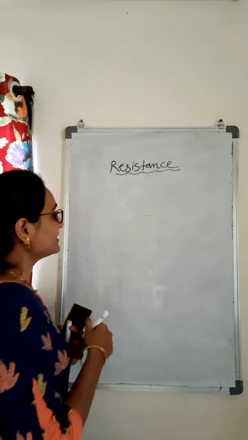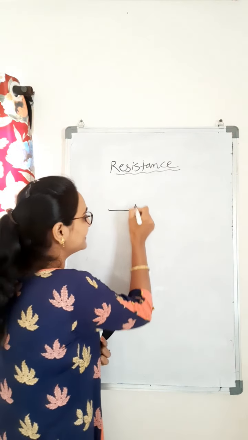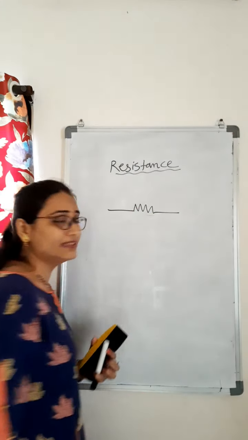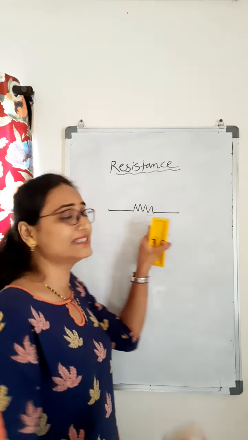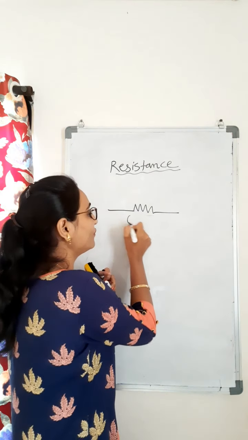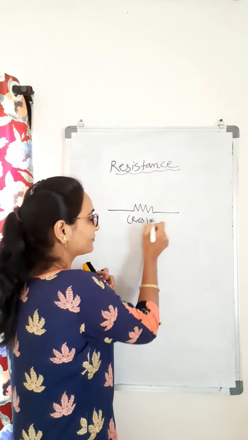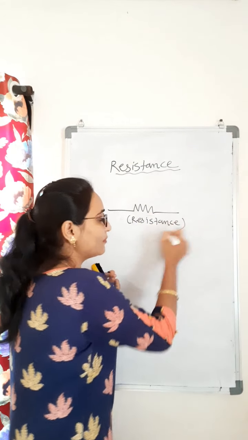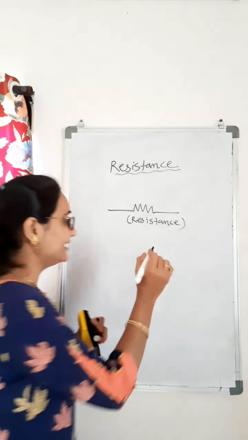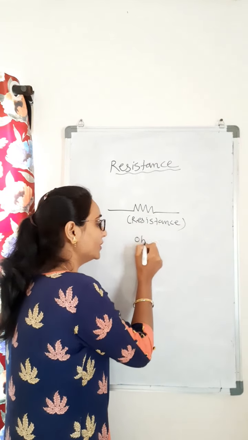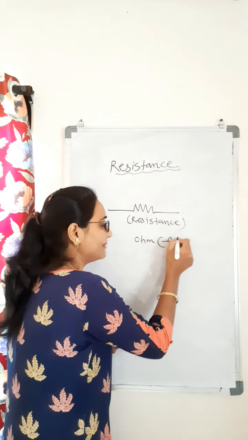In a circuit, when we show resistance, this is the symbol for resistance. The SI unit of resistance is ohm, which is denoted by this symbol.